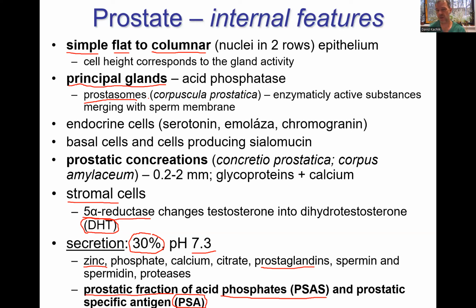So that's the function of the principal cells in principal glands. We have three other types of cells here. Of course, basal cells, then some endocrine cells for paracrine secretion to regulate the environment here, and then cells producing sialomucin, which helps to protect the wall.